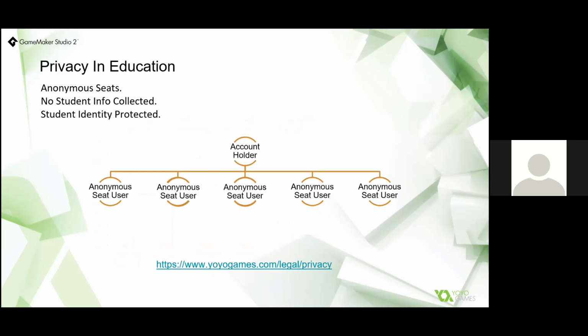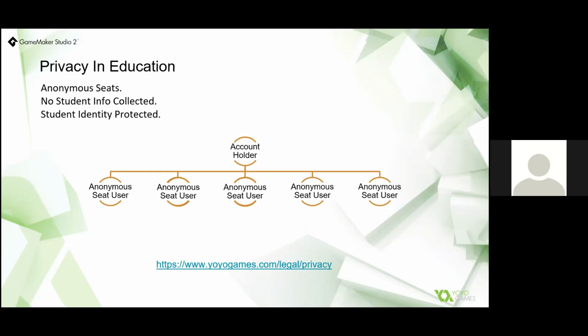Privacy in education is important to us. The teacher will act as a seat manager, and they will receive one perpetual educator desktop license that they can use to investigate whether GameMaker is right for you and to understand how to set up the software within your school's network environment. The seats are entirely anonymous.